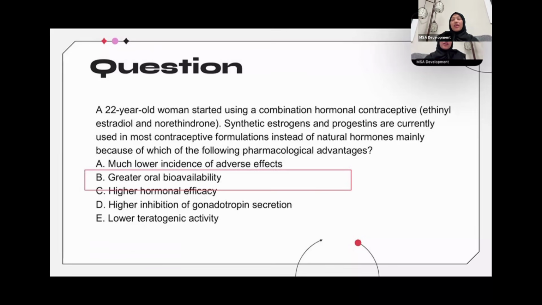That means you can give a lower dose than natural hormones, because natural hormones tend to get metabolized by the liver, whereas with synthetic you can play around with the structure. You can make the hormone more stable, if that makes sense. So it's stable, it can be metabolized less, and it can be absorbed more by the body. That is something new, and you can cross out the rest.